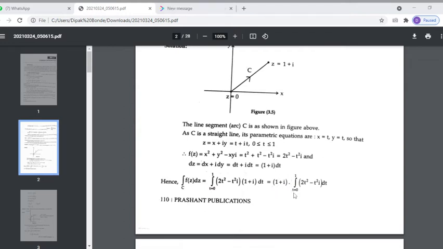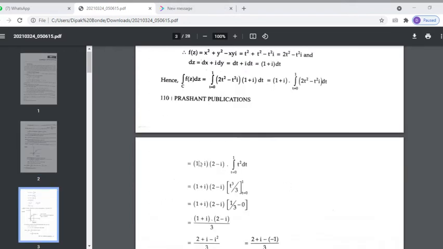Take it outside. Integration from 0 to 1, (2t square minus t square I) dt. So integration of t square is t cube by 3, and the limit varies from 0 to 1. So put the first limit, that's 1 by 3, minus the second limit, which is 0. So (1 plus I) into (2 minus I) into 1 by 3.